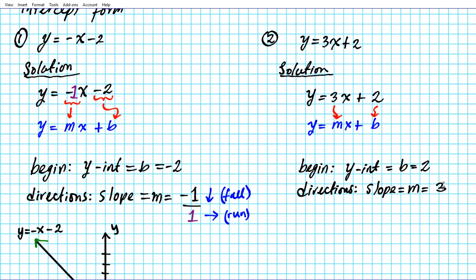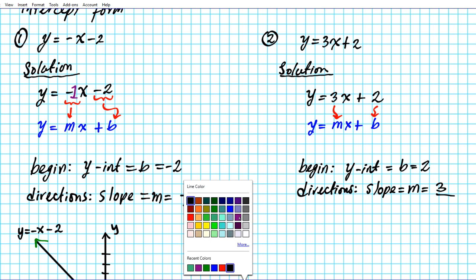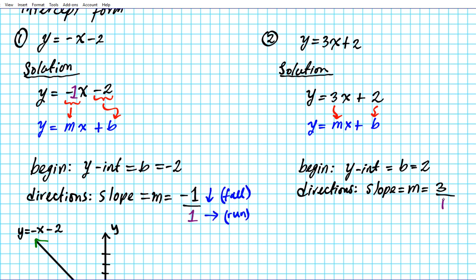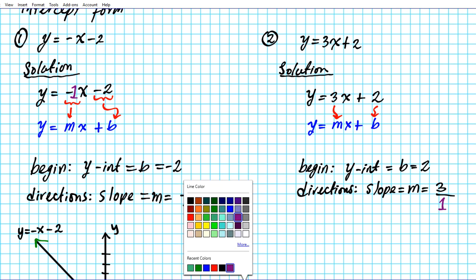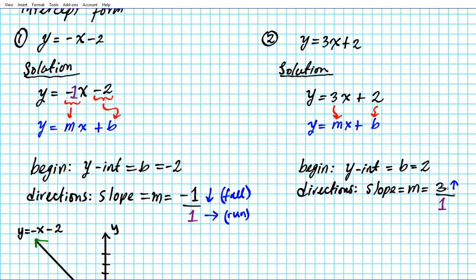What's the run? Every time your slope is an integer, please express it as a fraction so you know what your run is. Okay? So in this case, we are going to rise 3 units from the beginning, 2 on the y-axis, and then we're going to run 1 unit. So there goes my rise over run.